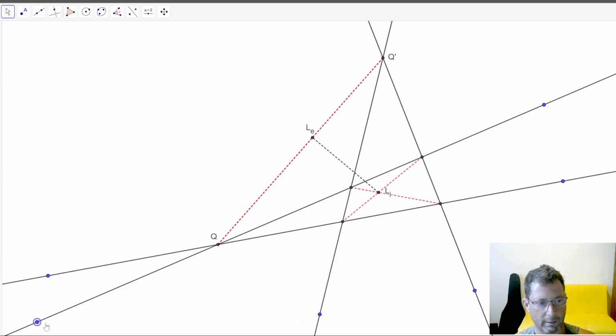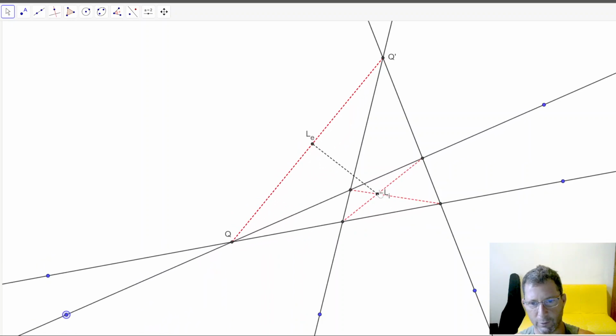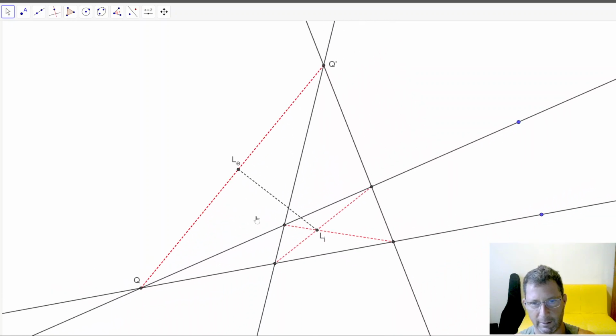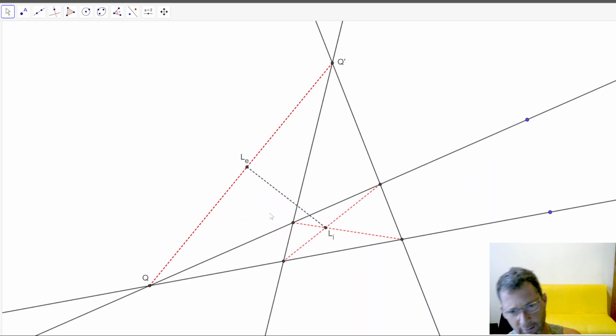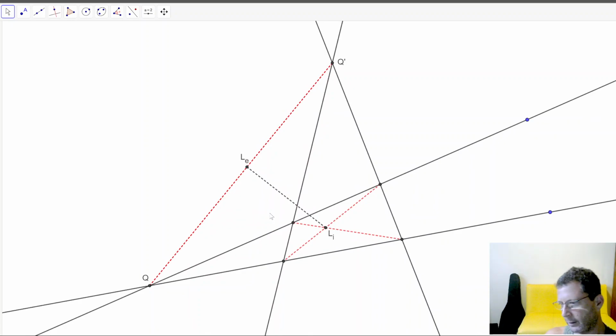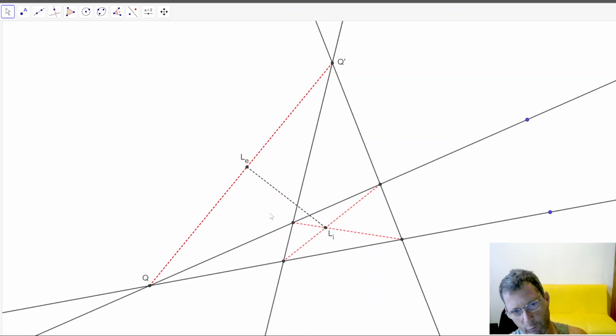Now, why are these called L sub I and L sub E? That's because they're related to the concept of limit points, the internal limit point and the external limit point. And you talk about limit points when there are two conics involved. So the first conic here would be any inconic to this object here, and another conic would be any circumconic to these 4 points here.